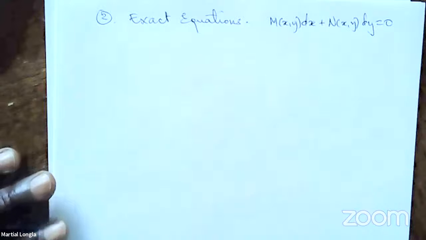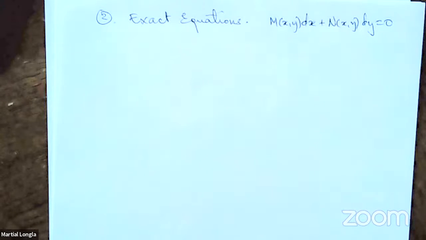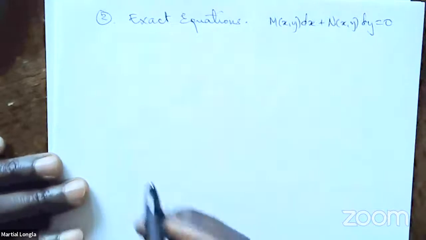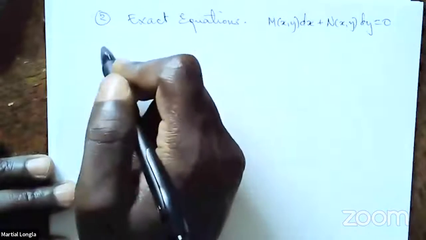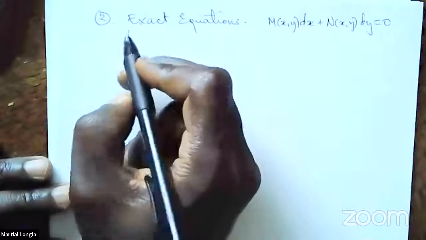It is useless here to remind what it means to be an exact equation because the question would clearly tell you, solve the following exact equation. So what you need to do is just to follow the steps. And let us do that on an example.